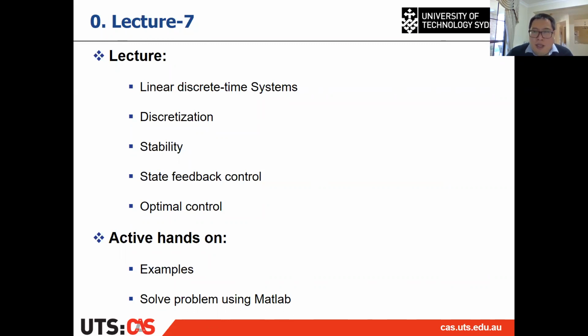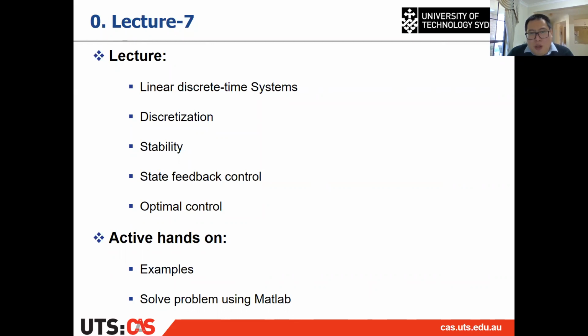It can be transformed from a linear continuous time system. The technique we use to do that transformation is discretization, which means we can use discretization to transform a linear continuous time system into a linear discrete time system. And there are two methods in it.